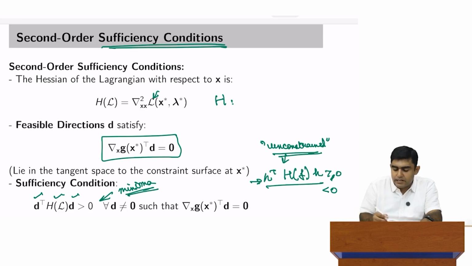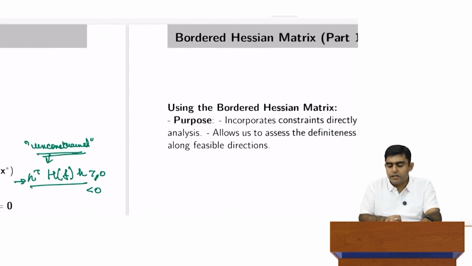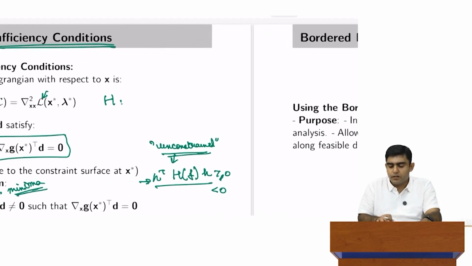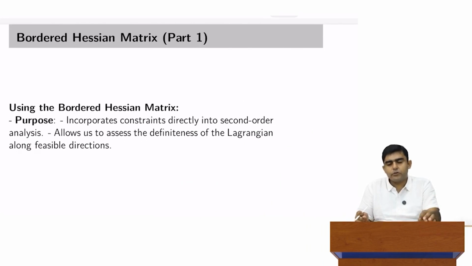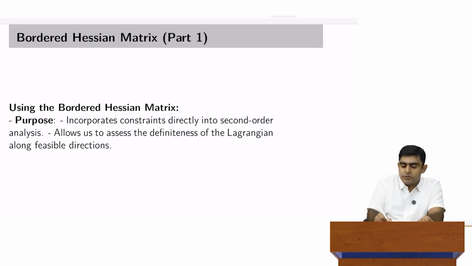Now, the Hessian term remains the same, so we would not worry about that. But what is the distinction between D and H, let us try to understand that, and why we introduce a concept called the bordered Hessian matrix. So, instead of using the pure Hessian matrix, we would be imposing a much stricter constraint.